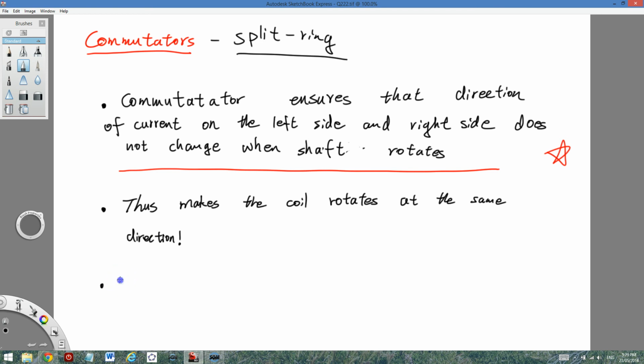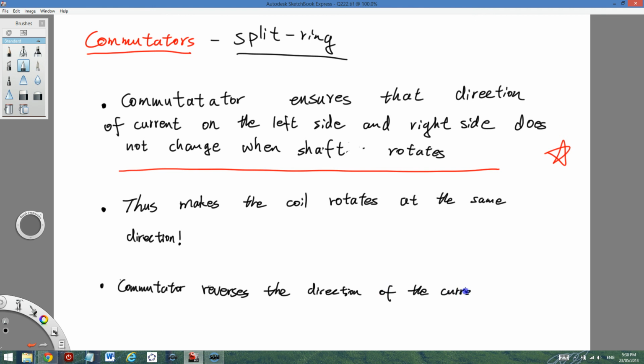Also, it is better to write down: the commutator reverses the direction of the current in the coil basically every 180 degrees.